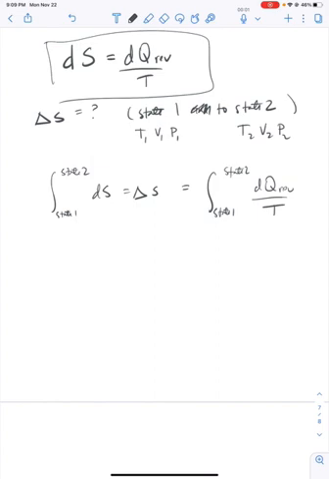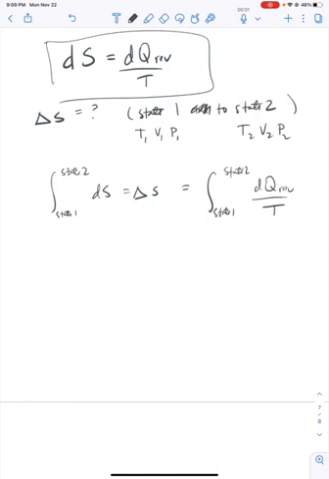The energy and the work are different for each path, but entropy is a state variable, and so we need the entropy of the two states not to depend on the path that we take between them, and so it wouldn't make sense to use anything other than the reversible heat, since that's the only one that's going to be the same for every path. Even if you don't take that path, the energy associated with it is still going to be q reversible.